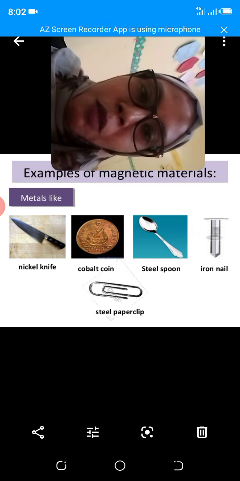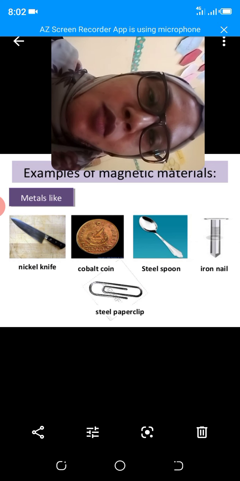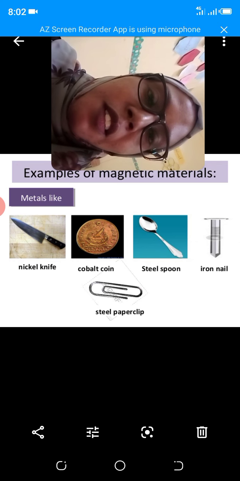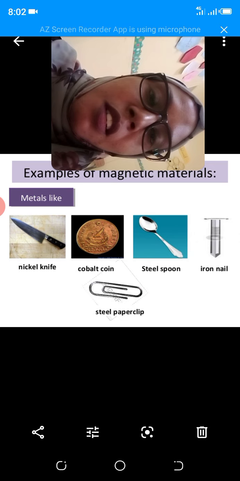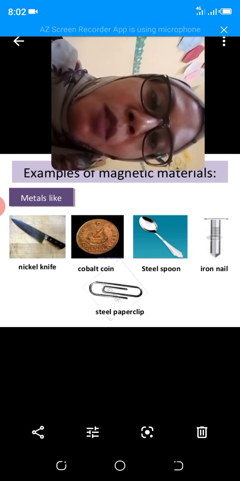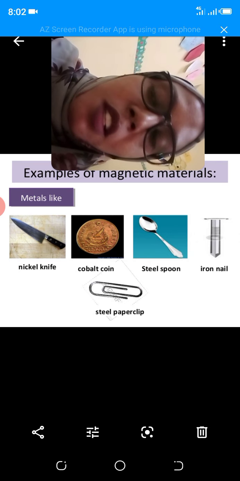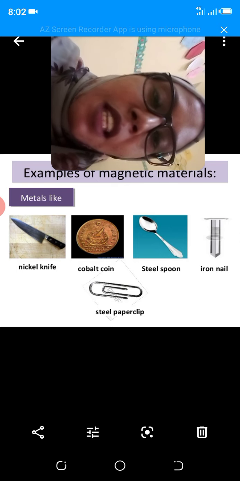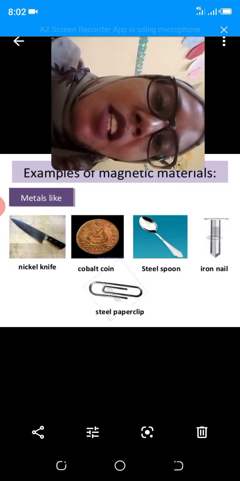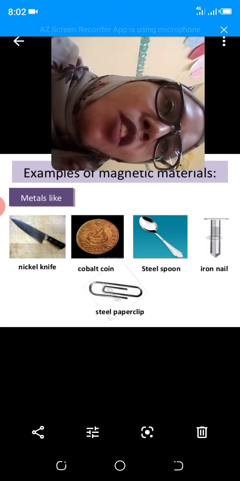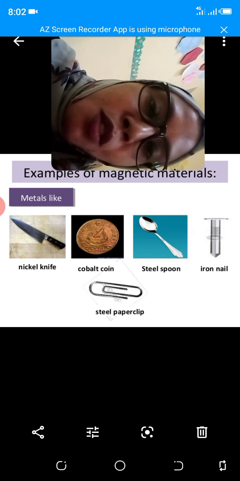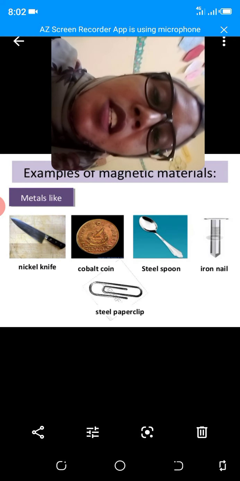Okay, the next property will be about the ability to let light pass through the material. So this property we call transparency.